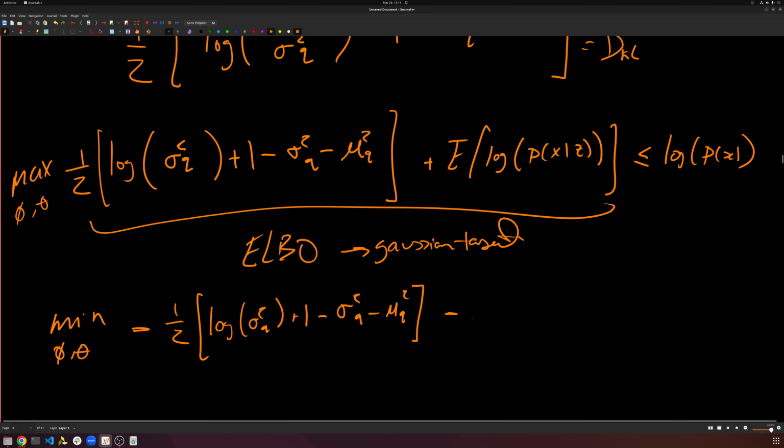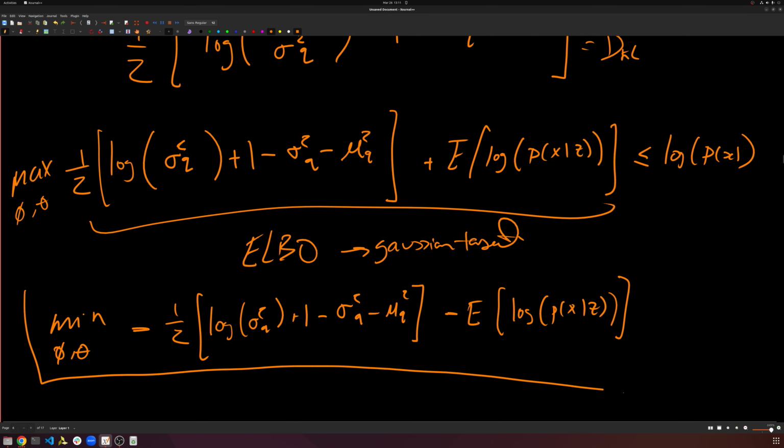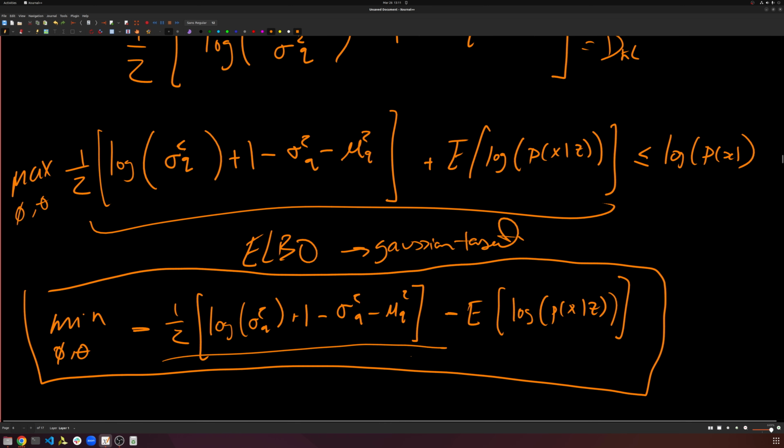And then minus the expectation of log p x given z. So we want to minimize this. Minimizing the negative of this is the same as maximizing, right? That's standard procedure for most neural network work. And this is our loss. This is effectively the loss function that we will be implementing in the next video for the variational autoencoder.